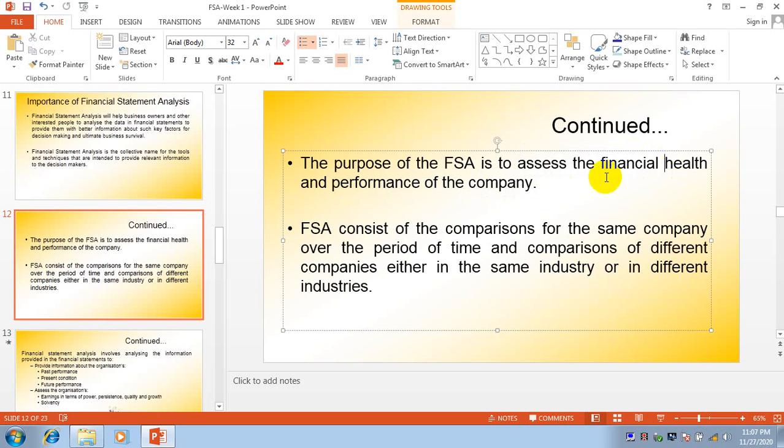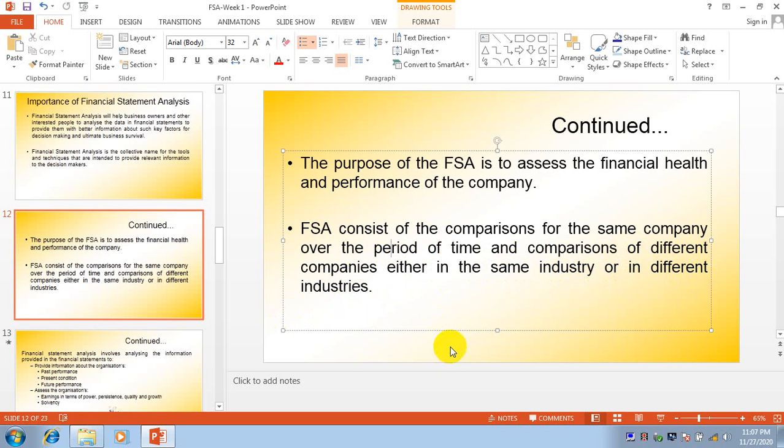Financial health, you can study by studying the balance sheet, and financial performance, profitability, by checking the income statement of the firm. FSA consists of comparisons for the same company over a period of time and comparisons of different companies either in the same industry or in different industries.